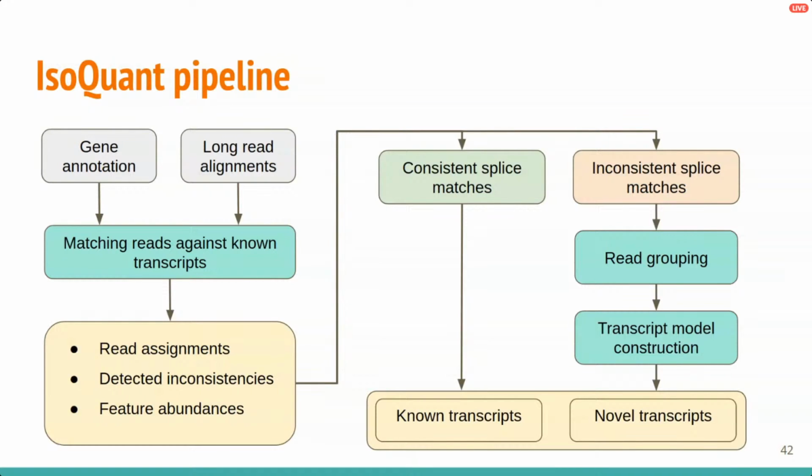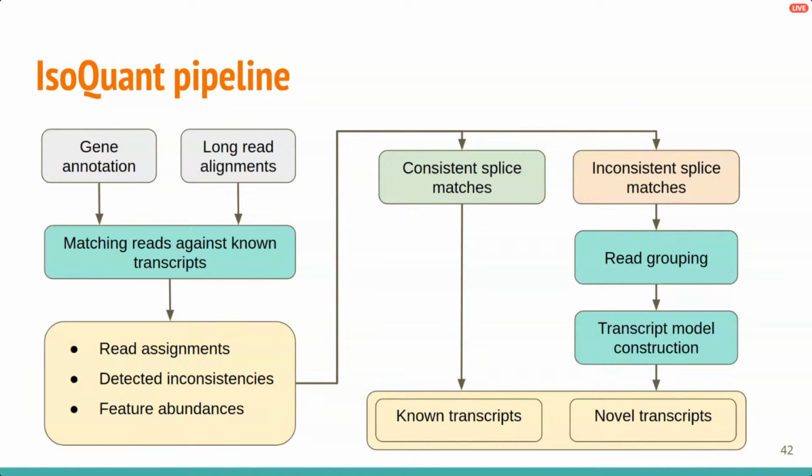We have most of the reads assigned to some isoforms. Of course, when a read is heavily truncated, you cannot say which isoform it is. You just drop the read and say, we don't know which one it is. For example, a read may be ambiguous and can be equally well matched to different isoforms.